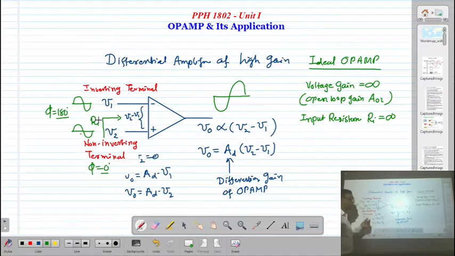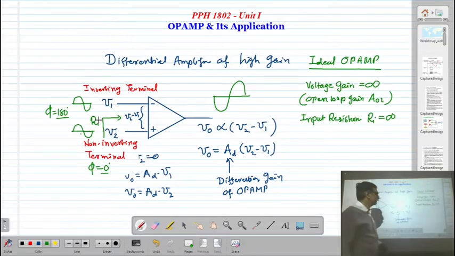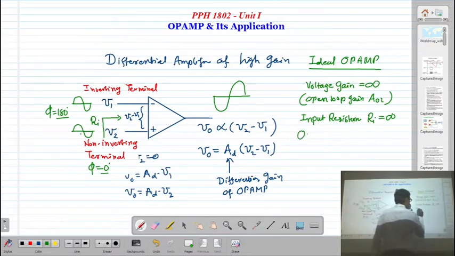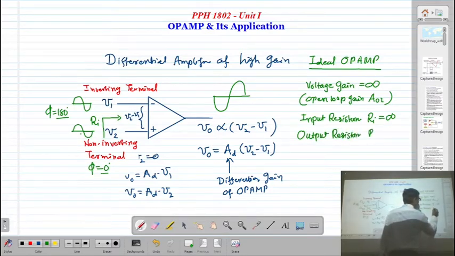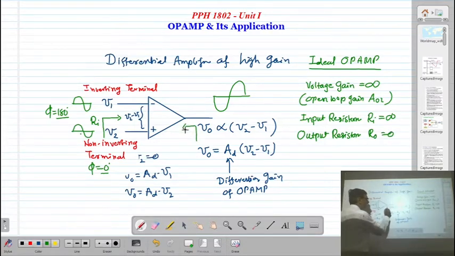That is known as the input resistance of the amplifier, and it should be infinite. Then the output resistance, Ro, must be 0. If you measure the resistance from the output terminal, then this Ro must be 0.